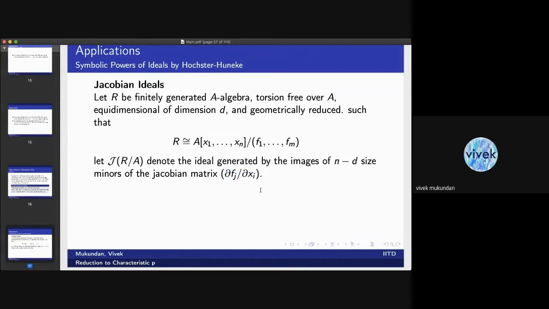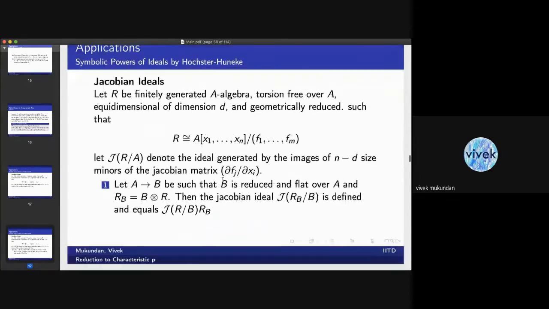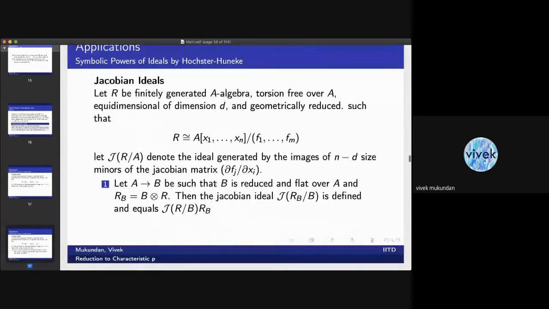The Jacobian matrix is the matrix of partial derivatives of the defining ideal of R with respect to the variables. It can be further shown that if you have a map from A to B that is reduced and flat over A, then the Jacobian ideal of RB over B is also defined, which equals the extension of the Jacobian ideal of R over A to the ring RB.